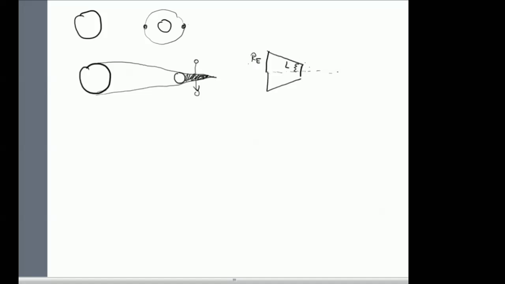Then they found that the moon was basically completely dark for about 2.5 times its diameter. So basically, if you have a ball and it goes past here, based on how long the moon is dark for, you can figure out the ratio between this L and the radius of the moon.